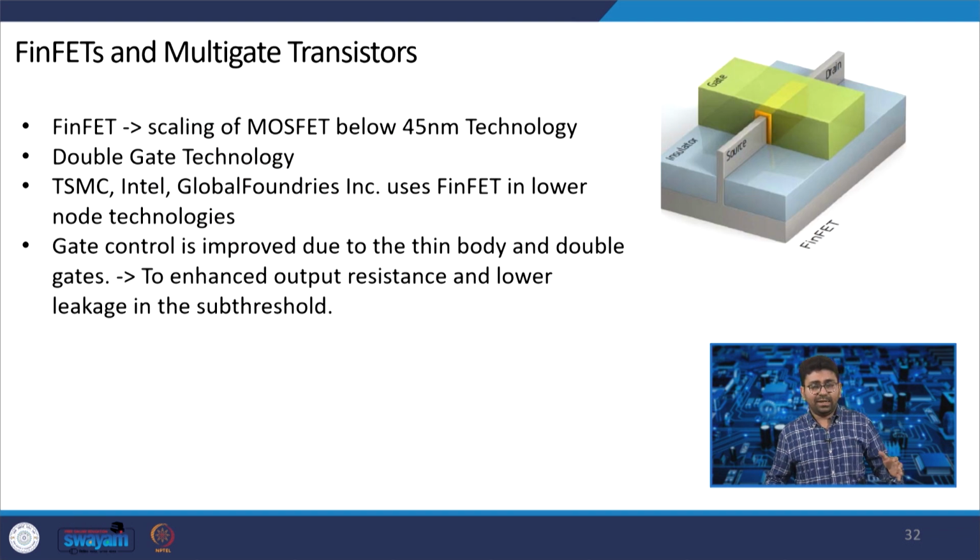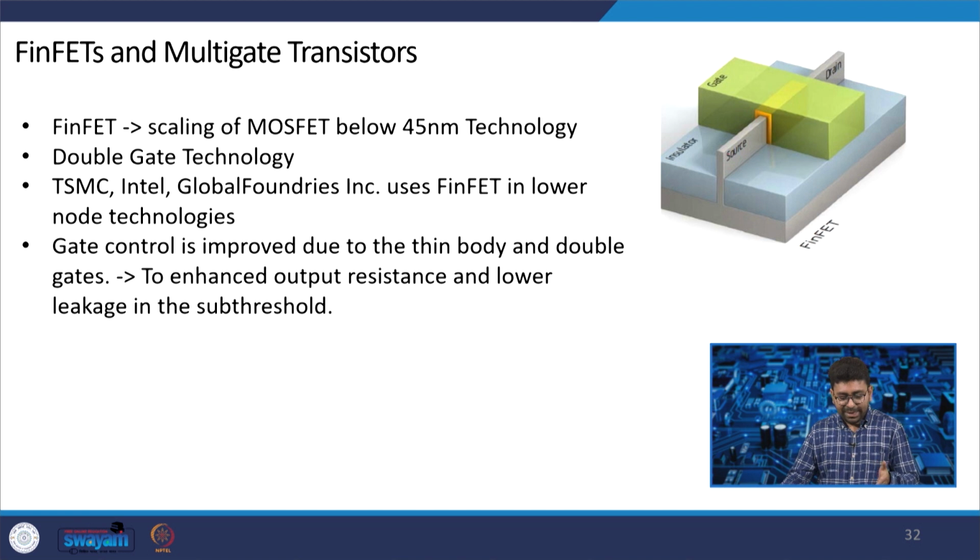So, we have seen the BJT. Now, in MOSFET, in advanced technology below the 45 nanometer technology, a fin kind of structure has been used. There is a source and drain, and this is a 3-dimensional view of the FinFET, and it is controlled by the gate on both sides. Previously the gate was controlling only in 2 dimensions, but now it is 3D.